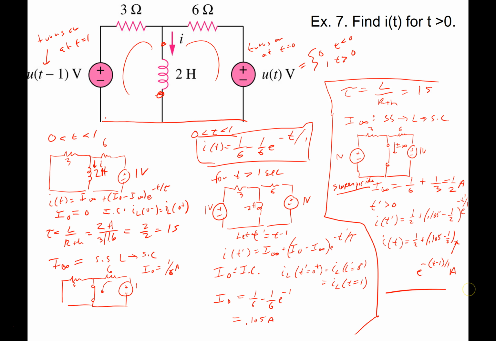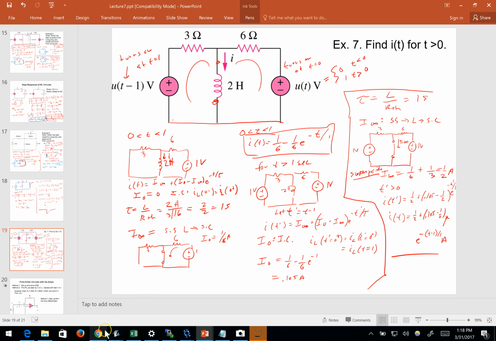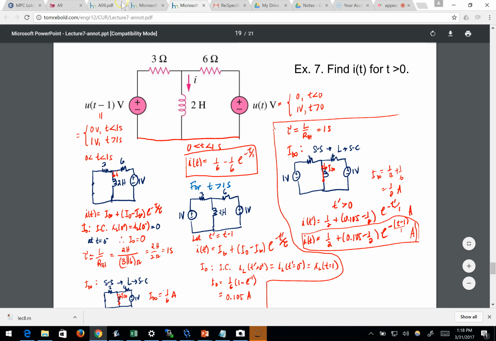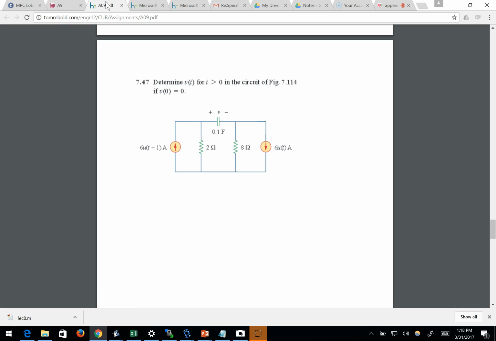So that's how you are going to do this problem on the assignment number 47, only it's a capacitor. Same idea.